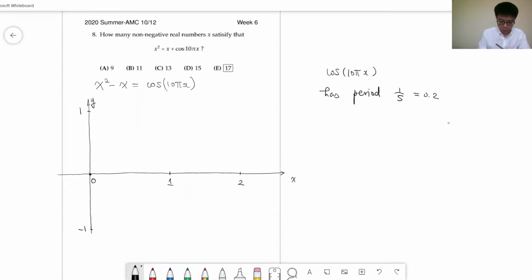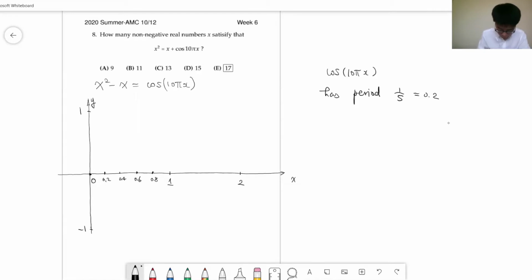All right, let's draw this graph of cosine 10 pi x. So I will divide this into 5 pieces. This is 0.8, this is 0.6, this is 0.4, this is 0.2.